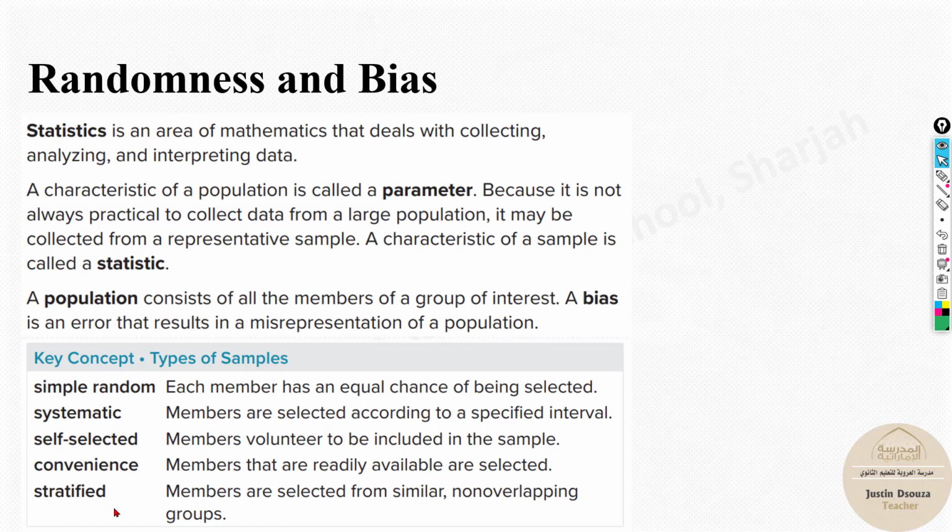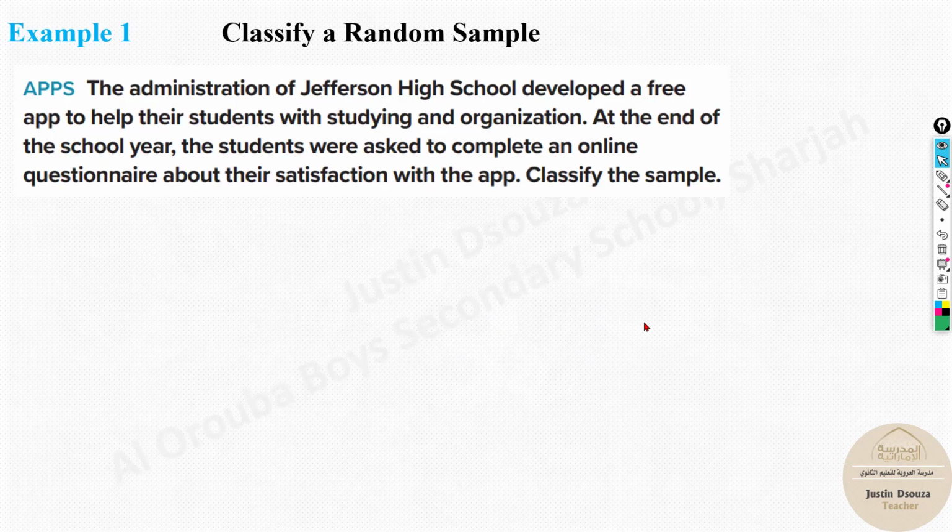What I will do is sort them out in different grades, arrange them orderly, 9, 10, 11, 12, and then select a few from each of them. I'm stratifying in the sense that I am sorting them out and then selecting randomly. So that would be stratified.